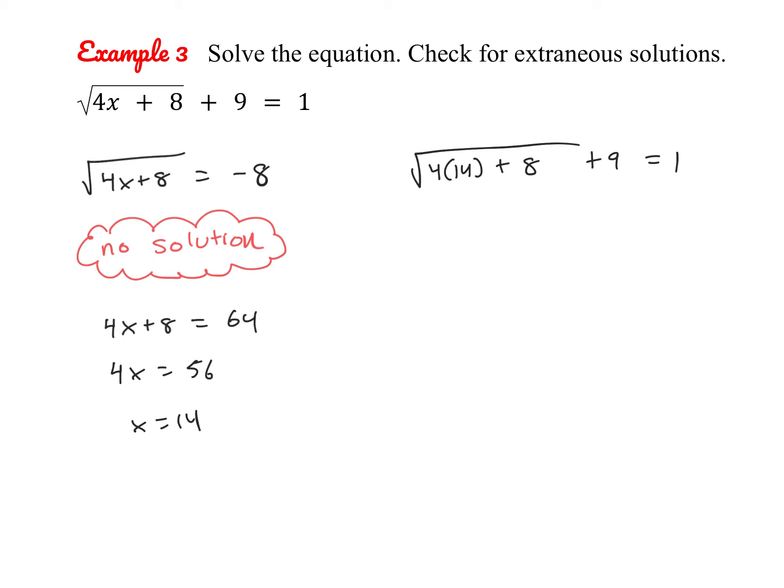So here we get square root of 64, which is 8, and we know that 8 is not equal to negative 8. So since the only solution is extraneous, that would just lead us back to no solution. But remember, again, if you ever see any even root or even index radical equal to a negative number, you can stop there and just say no solution.